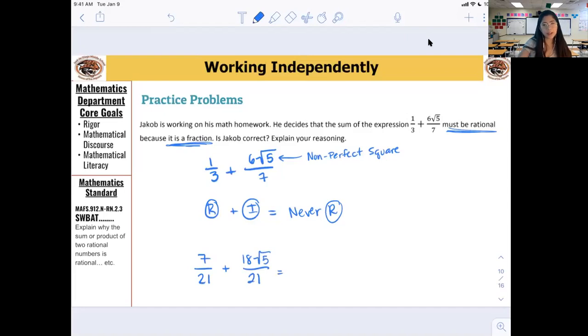So if I get my common denominator and then I add them, I get 7 plus 18 root 5 over 21. Yes, technically that is a fraction.